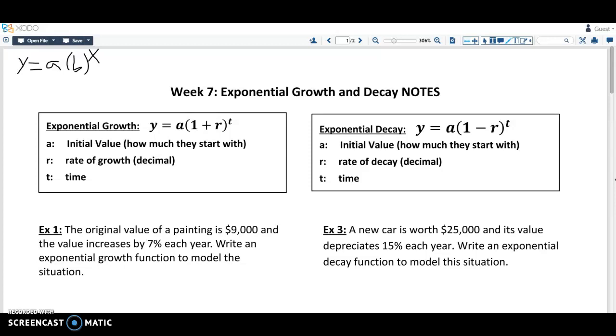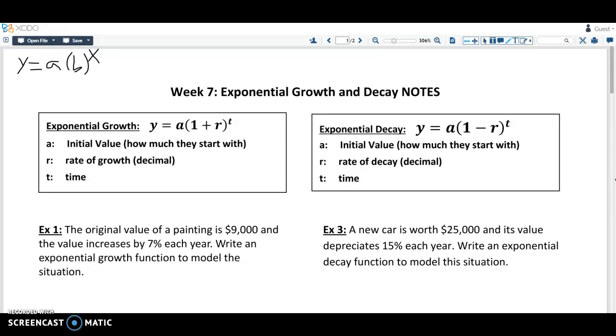B told us whether it was exponential growth or exponential decay. If b was bigger than 1, it was exponential growth. If b was a number that fell between 0 and 1, so some sort of decimal or fraction, it was exponential decay. And x is what we plug in based on the amount of time or whatever we were dealing with, whatever our independent value was.